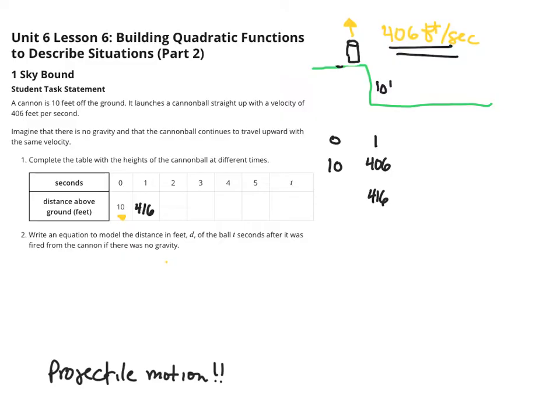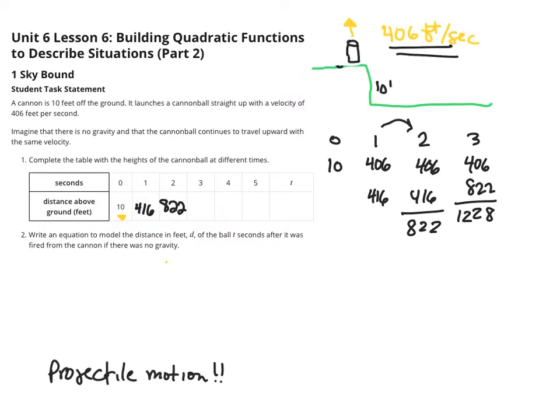And then time equals 2, so we did another 406 feet. We need to add that to what we've already traveled. 822, right? Our third second, we traveled another 406 feet. Add that to the previous distance we've already traveled.